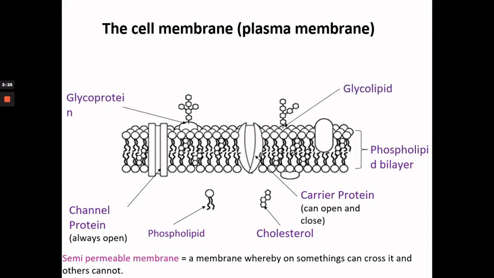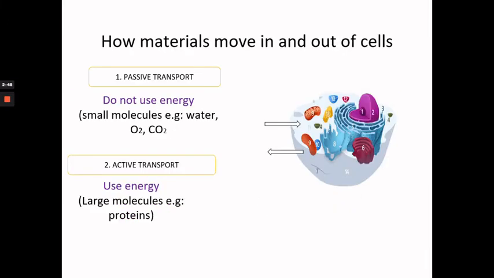And we have glycolipids, which is glucose joined with the lipid, and they all have very important purposes for the cell. Now, the cell membrane is termed a semi-permeable membrane because it can choose which materials to pass and which not to pass.